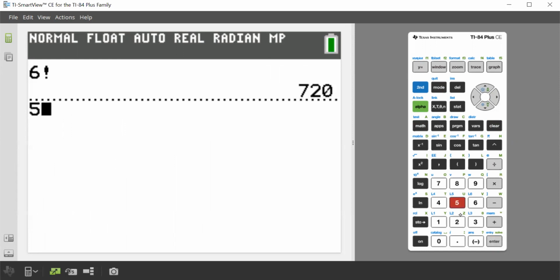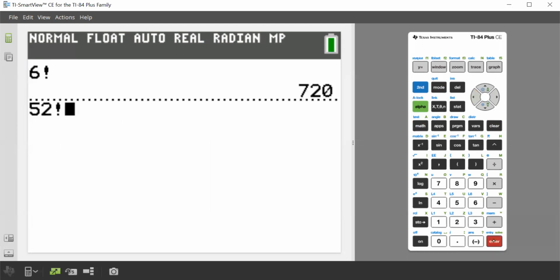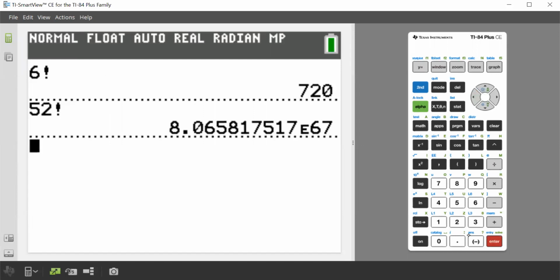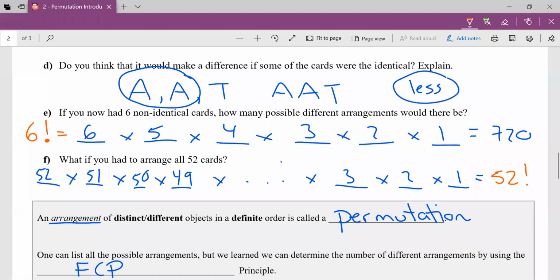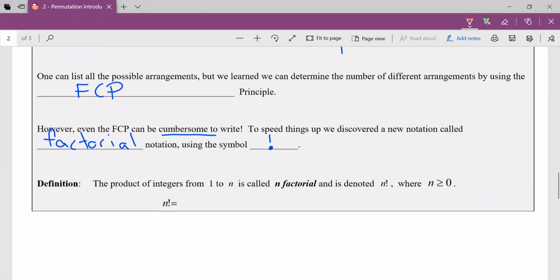Okay, what about 52? I'm going to arrange all 52 cards. Well, look at this, my friends. There's 8.06 times 10 to the 67 ways that we could arrange those cards. Yeah, that's a lot of ways, isn't it? So that is how you're going to get factorials into your calculator.